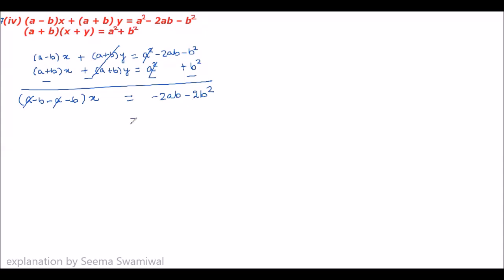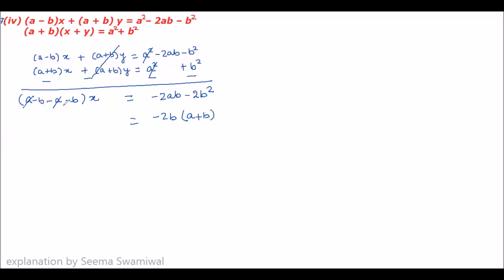Now we are able to take 2b common from both these terms. So we will take 2b common. Since I have taken the minus sign common, this term will be positive now and is left with a only, because minus 2 and b I have taken common. From here also I have taken minus 2 and b common. So this sign will get reversed. This will become plus, and inside I am left with only b.